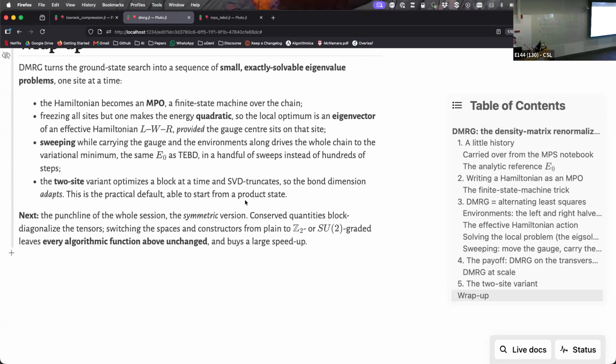So one of the ways that the field tackles this is by doing an extrapolation in bond dimension. For example, if I increase my bond dimension and the result doesn't change anymore, then I am fairly certain that I have captured the correct state.